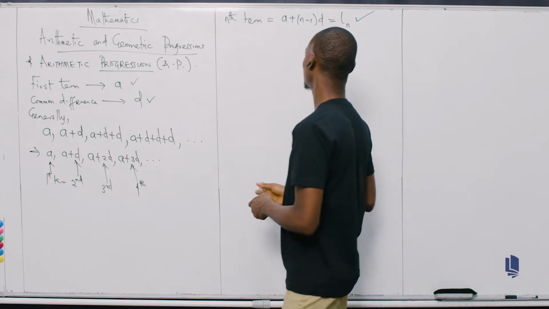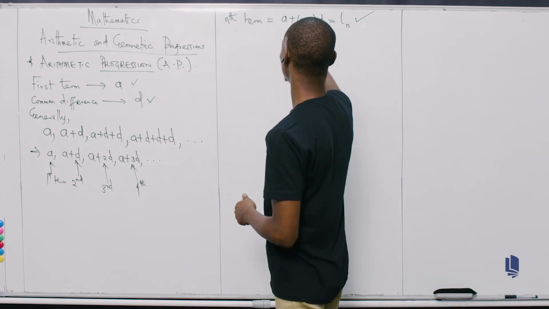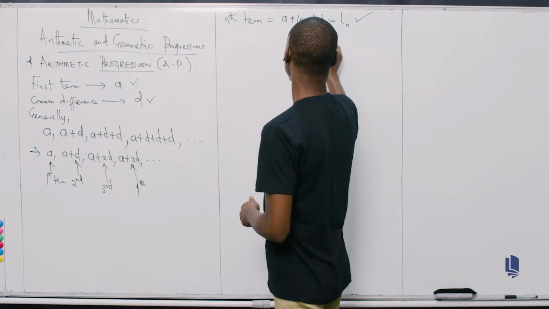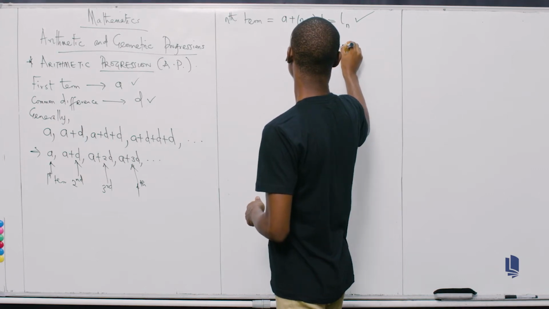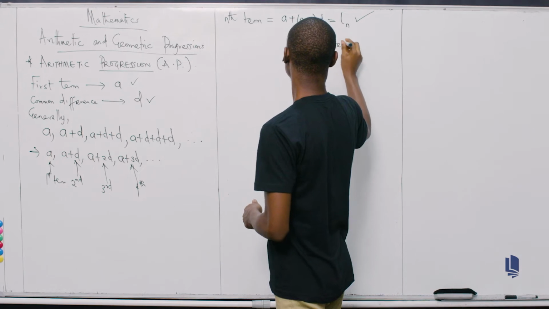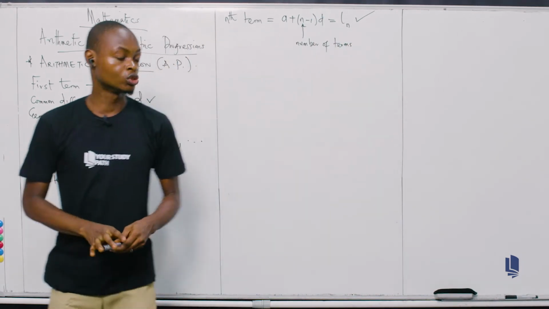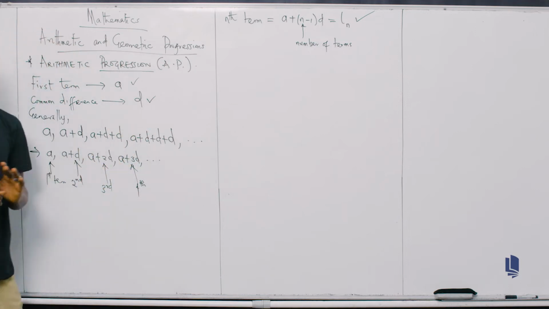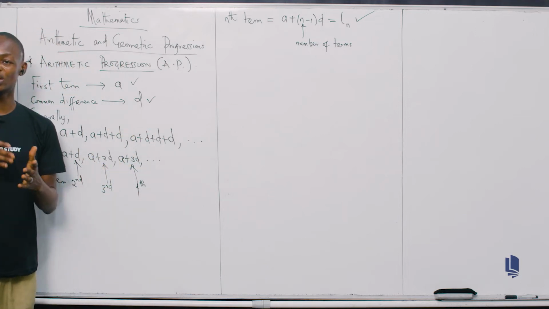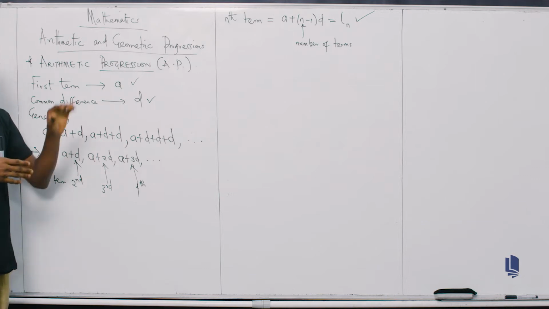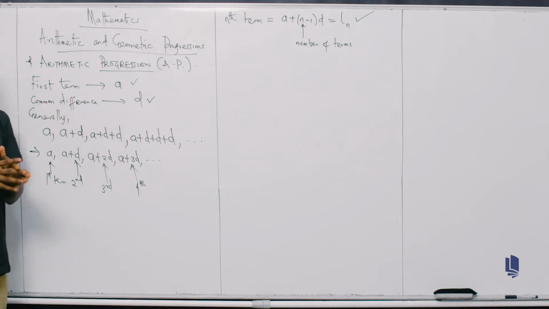And from the nth term, we can generate one more variable, which is n, which will now denote the number of terms. So this gives us an idea of every single important value that we have to cover as far as arithmetic progression is concerned.